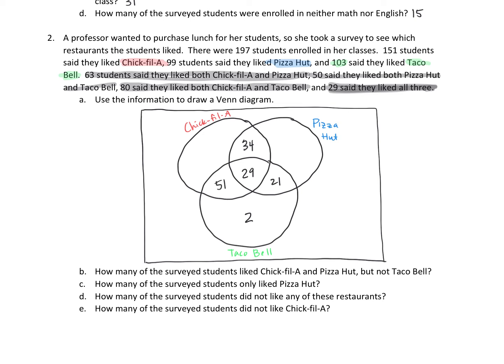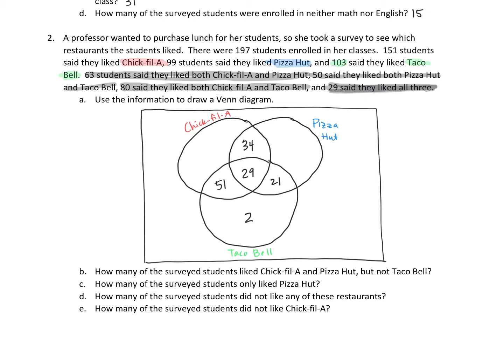So for Pizza Hut, it says 99 students like Pizza Hut. So here are the 4 sections in Pizza Hut. You can see there's one that doesn't have a number yet. All 4 of those need to add up to 99. So I can add up 34, 29, and 21. It looks like 84.